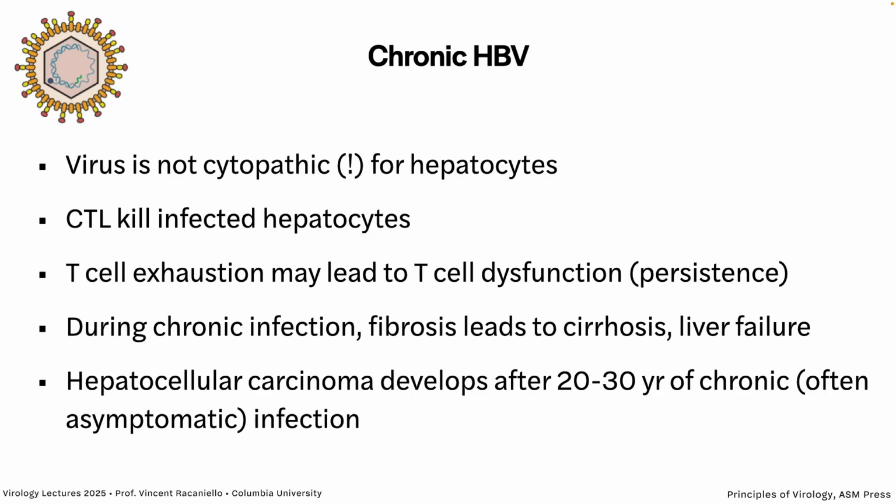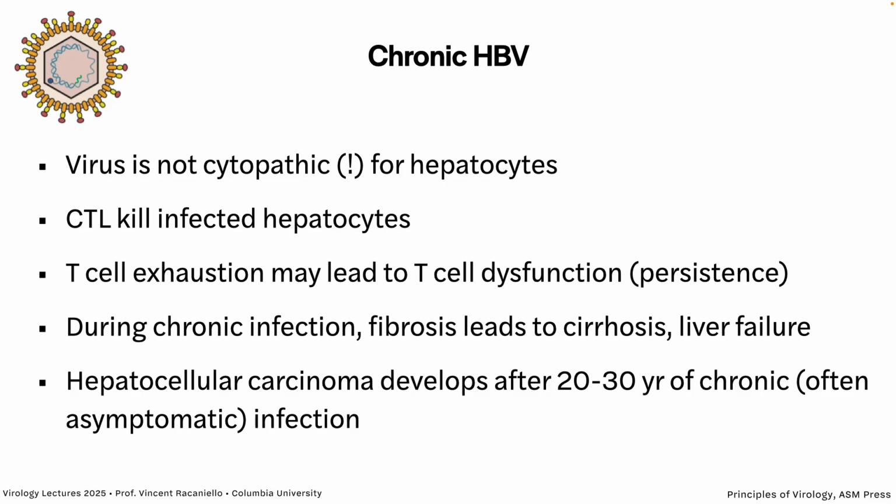Interesting, I just said the virus is damaging. It's not, it's actually CTLs that are damaging the liver. The immune system is damaging liver cells. And what happens is many liver cells are damaged, they regenerate, they're damaged again, and after so many cycles of that, the T cells get exhausted and they're dysfunctional, so the virus is no longer eliminated.